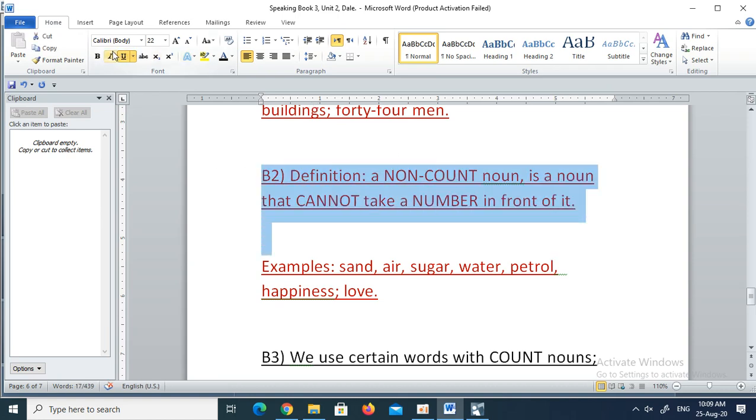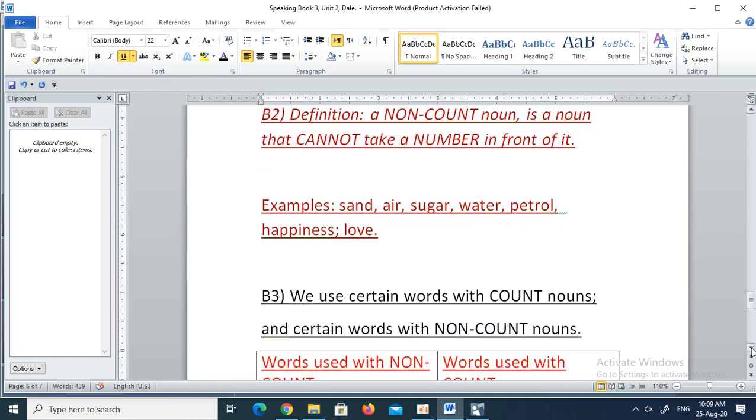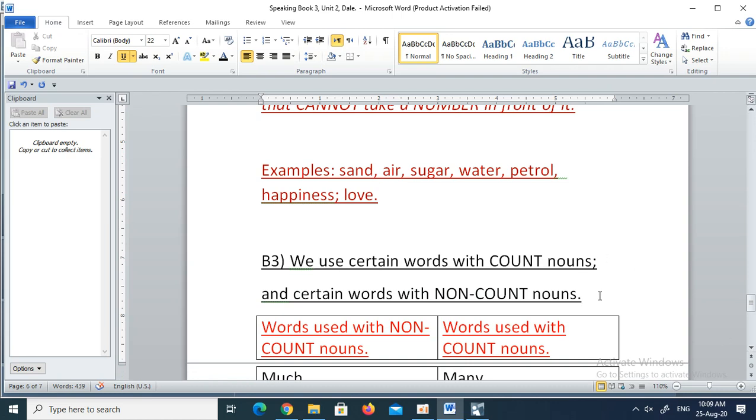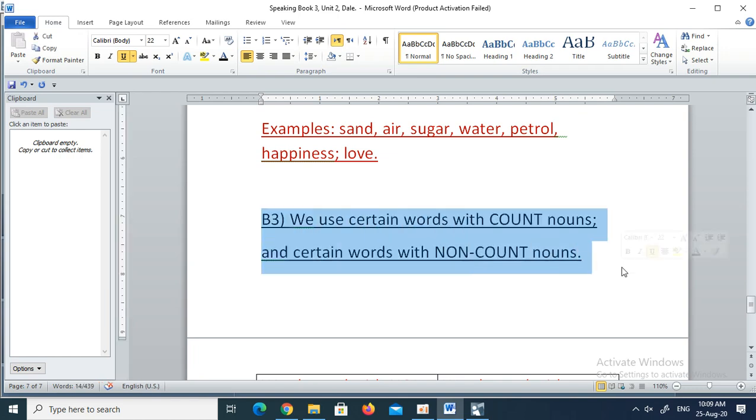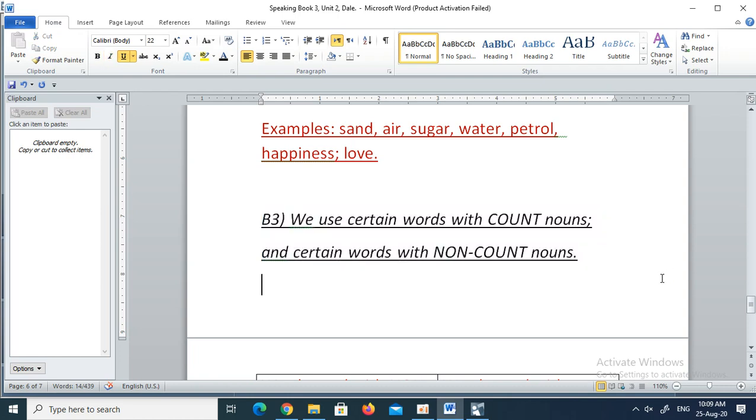Now, in English, it matters whether you are using count nouns and whether you are using non-count nouns. Because very often the qualifiers that we use with count nouns are different from the qualifiers that we use with non-count nouns. Let us have a look at this table.